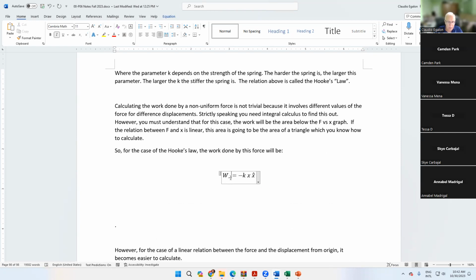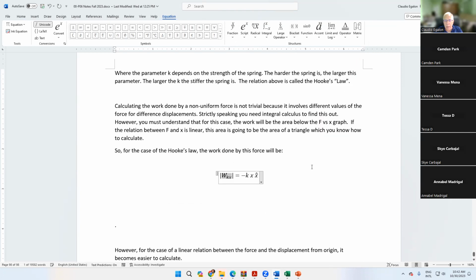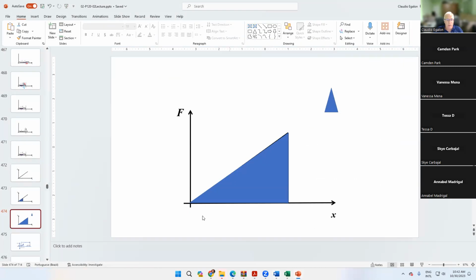Work of kx, right? And I'm going to put a magnitude here because it may be positive, it may be negative as well, depending on how you are taking the work done. Okay, so in this case, the work done from 0 to x maximum, let's say.